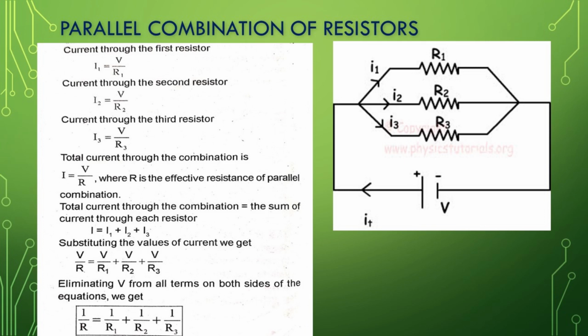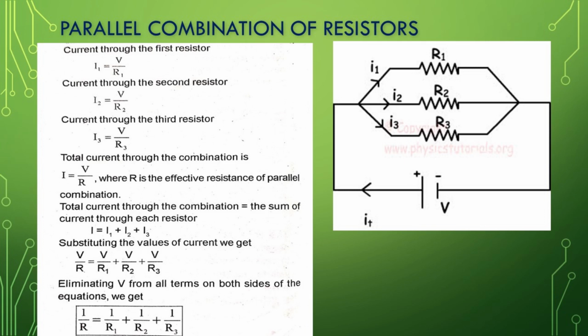By Ohm's law, current through the first resistor I1 is equal to V by R1. Through the second resistor, I2 is equal to V by R2. Through the third resistor, I3 equal to V by R3.